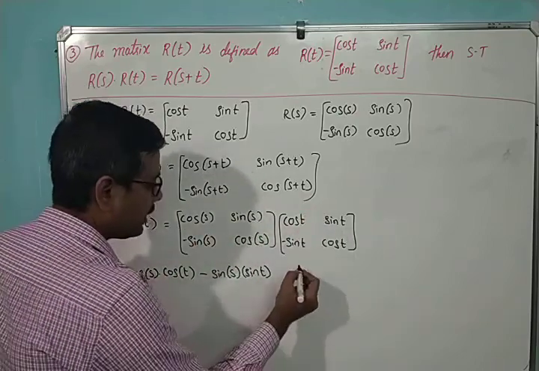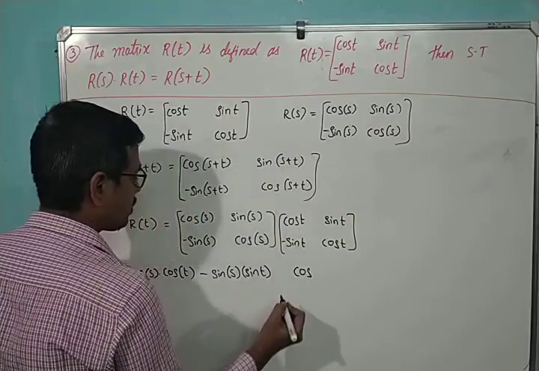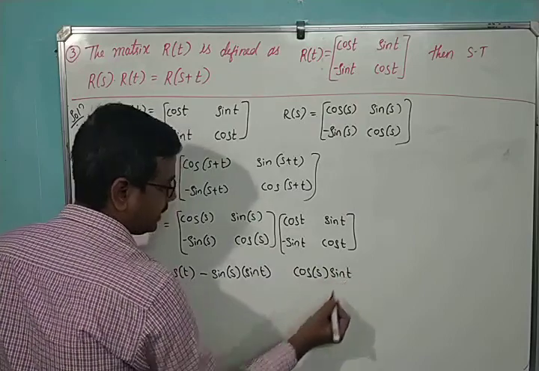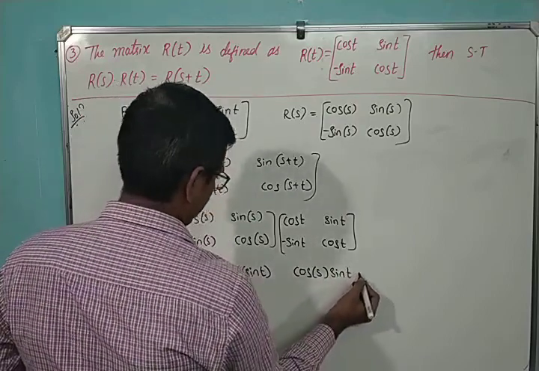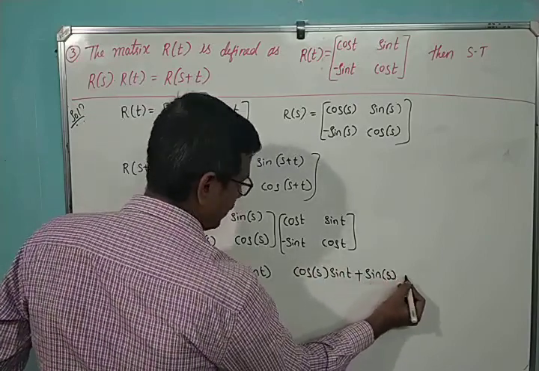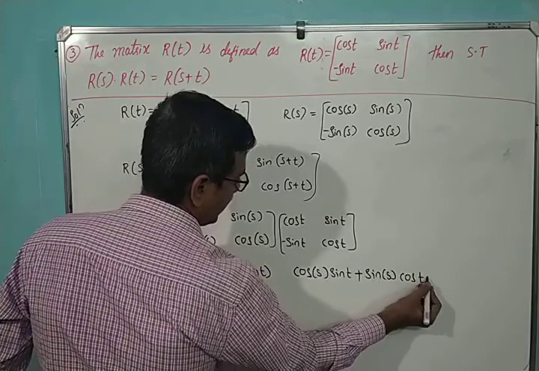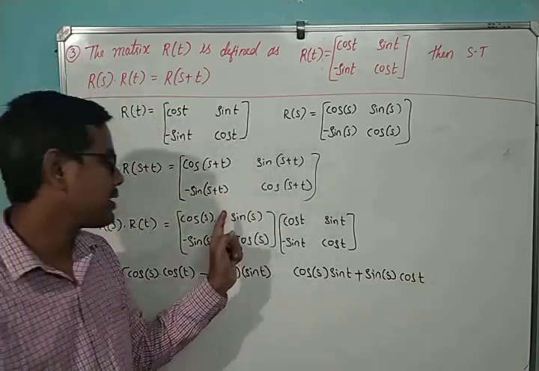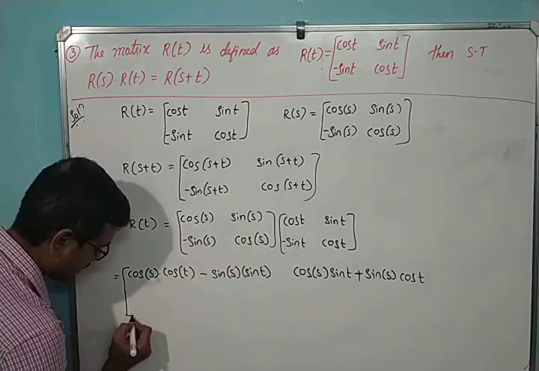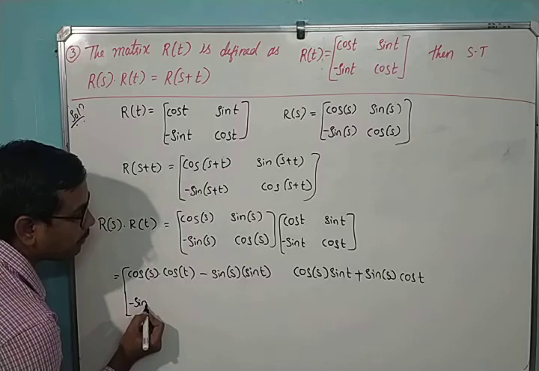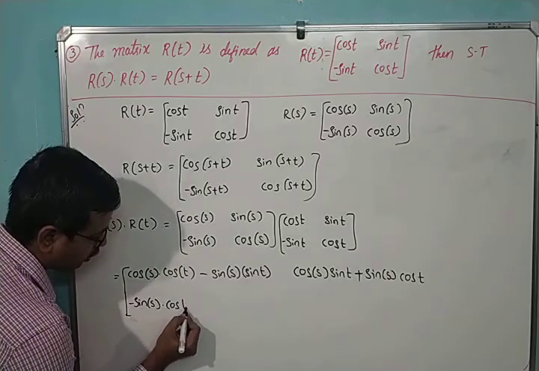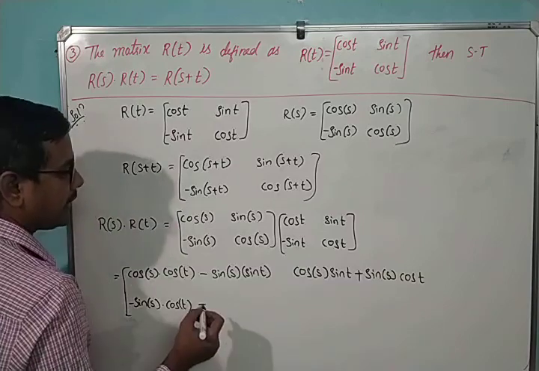Now if I multiply here, what will I get? Cos of s into sine of t, right? Then plus sine of s into cos of t, right? This into this plus this into this. Now this into this, minus sine of s into cos of t, right?